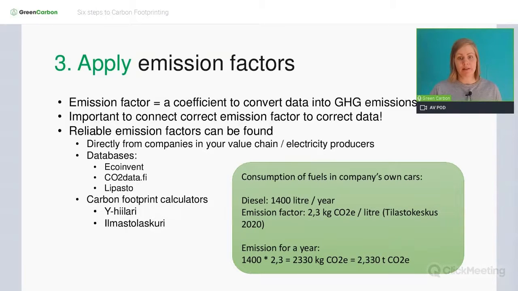Then you have the data, so you apply emission factors. An emission factor is a coefficient to convert the data into greenhouse gas emissions. In the green box, I have one example. This example is the consumption of fuel in your company-owned cars. Let's say that your company consumes 1,400 liters of diesel per year.